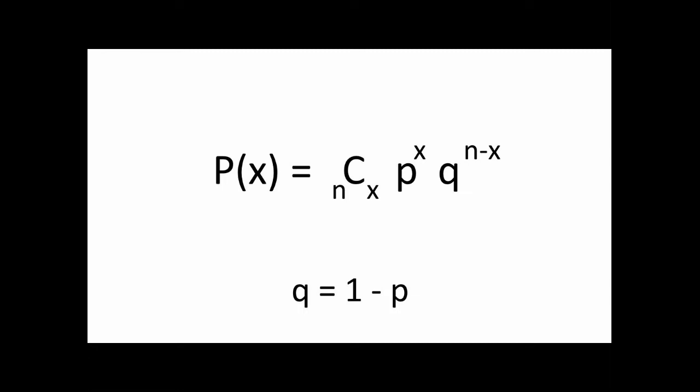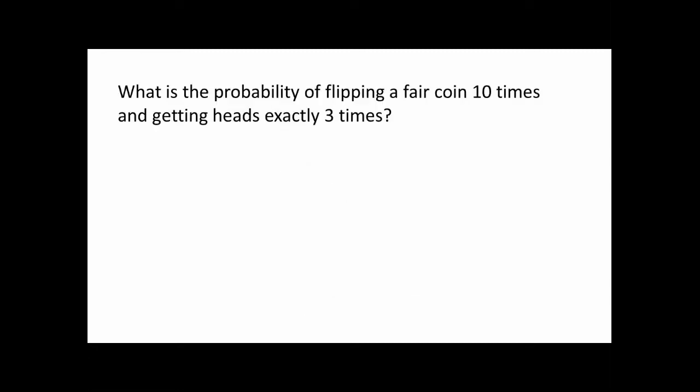Now we can try an example. What is the probability of flipping a fair coin 10 times and getting heads exactly 3 times? Here, the probability of success is 0.5, and the probability of failure is also 0.5.